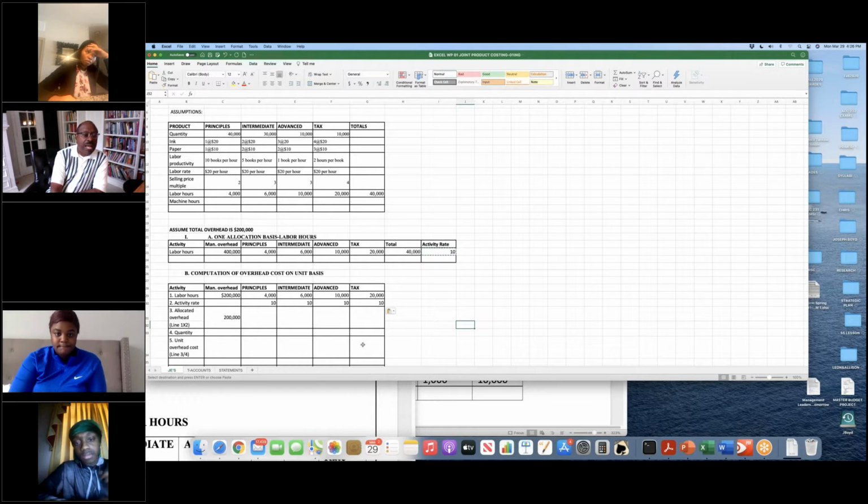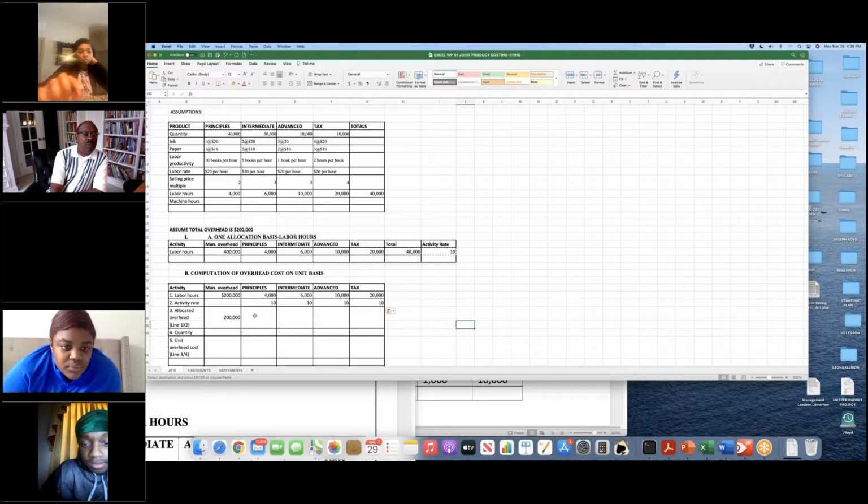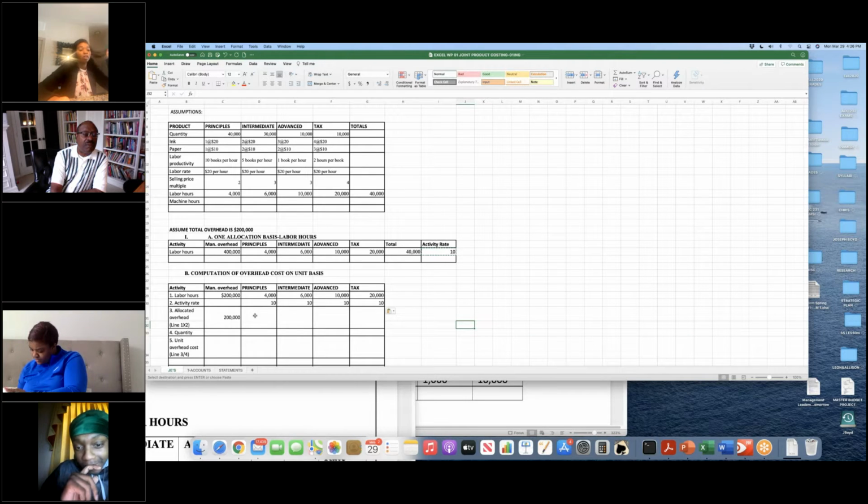Now we're ready to allocate the overhead. So how are we going to allocate that overhead? What are we going to do here? Line 1 times line 2.